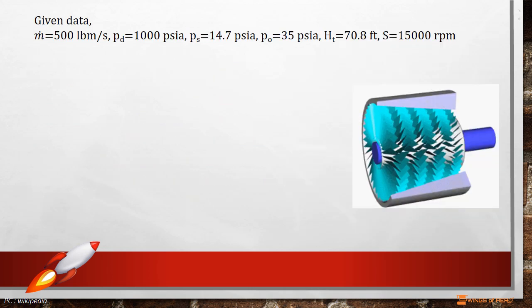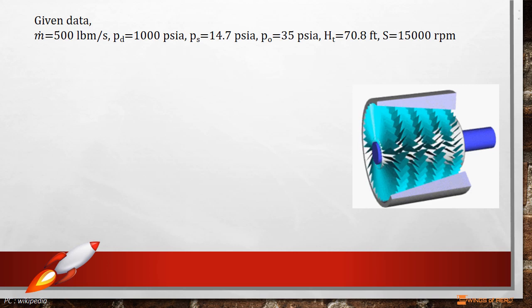Given data: the mass flow rate m dot is equal to 500 pound-mass per second, discharge pressure P suffix D is equal to 1000 pounds per square inch, suction pressure P suffix S is equal to 14.7 pounds per square inch, and the oxygen tank is pressurized to P naught, which is 35 pounds per square inch. The suction specific speed S is equal to 15,000 revolutions per minute.